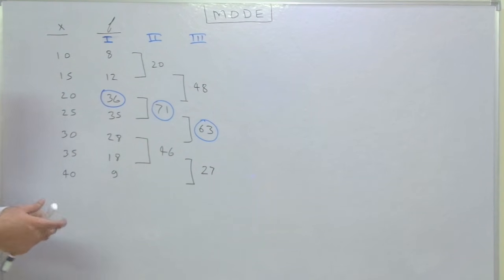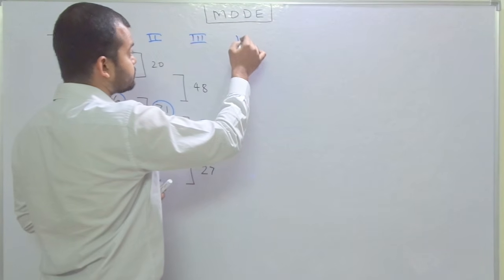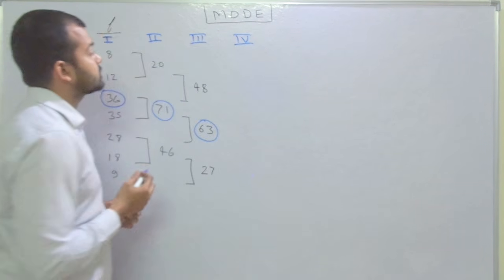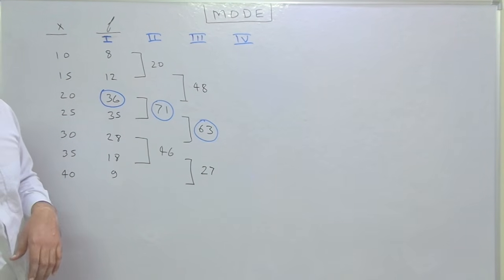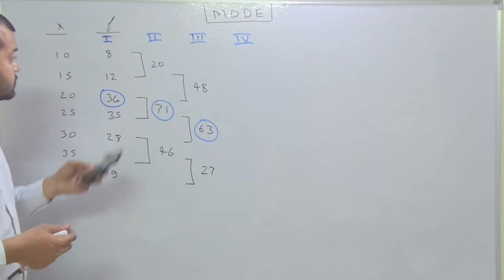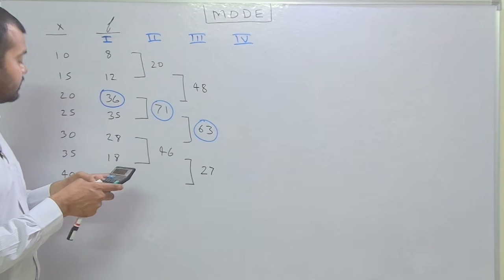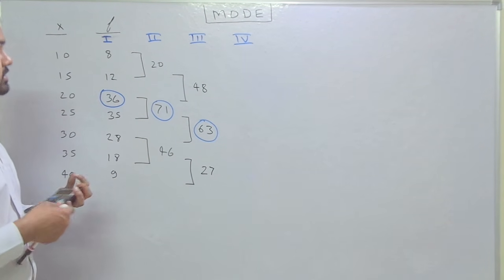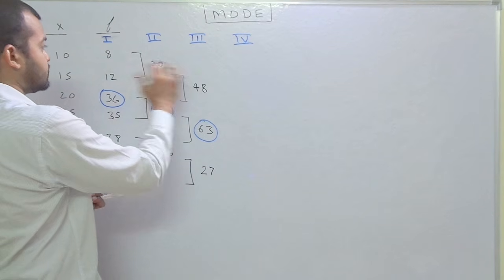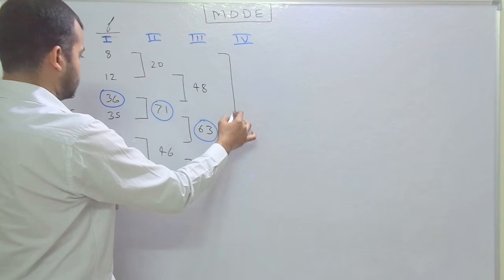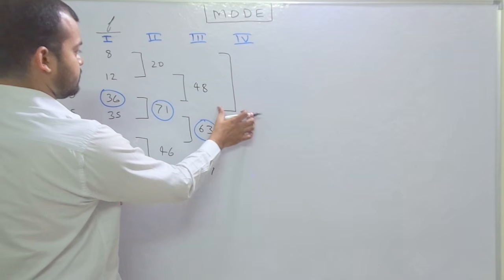Now we have to make the fourth column. We take the first three figures together, 8 plus 12 plus 36, which is 56. You can draw a line like this.